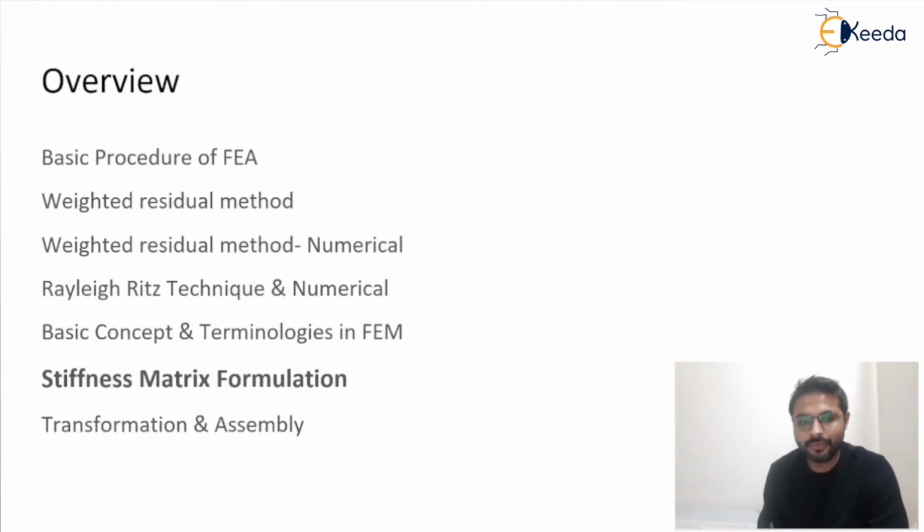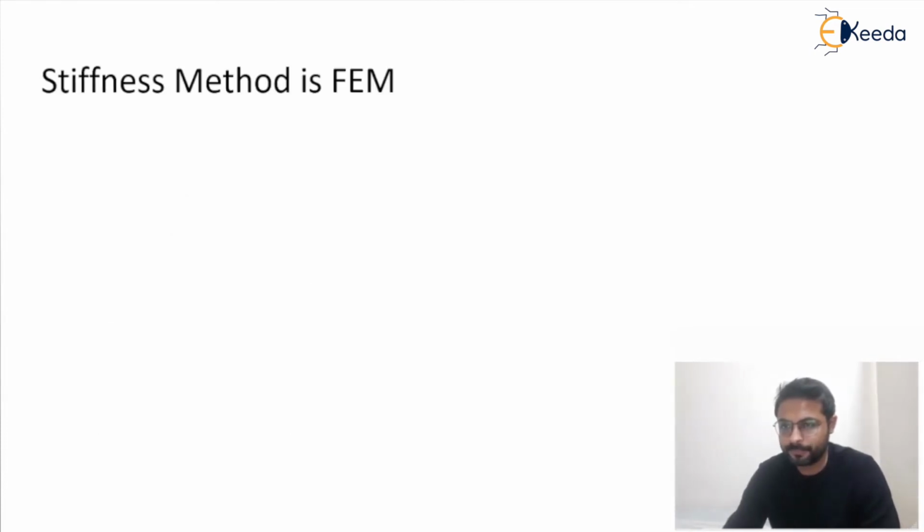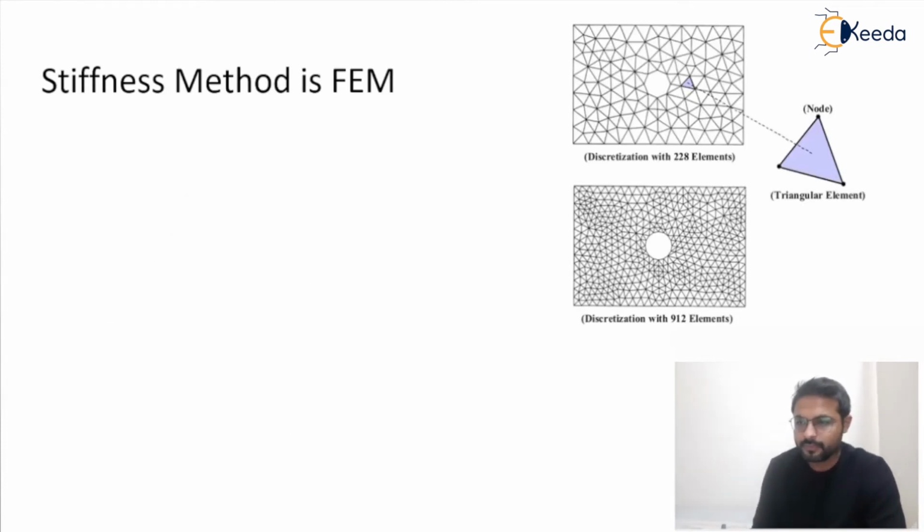In the previous video we have seen various concepts, key elements and various terminologies in the FEM. So let's understand what is a stiffness matrix. As you know, the first step of the FEA procedure is to divide the whole problem into smaller finite elements.